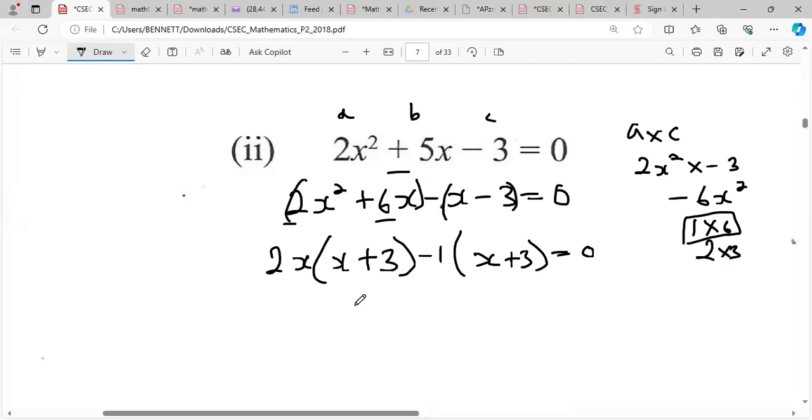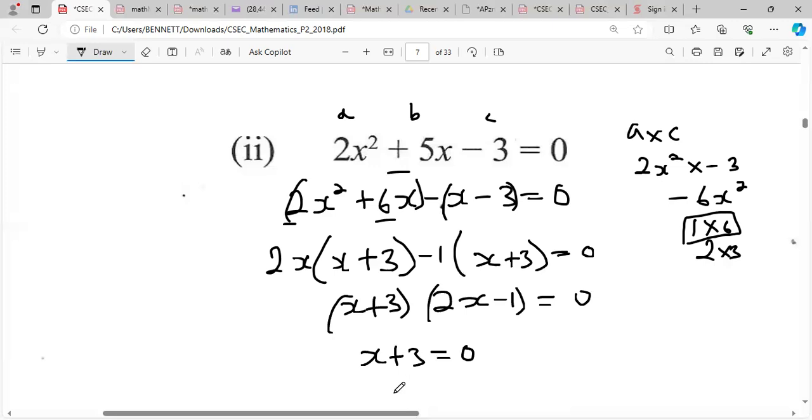Now we have x plus 3 and 2x minus 1. But remember, they are equal to what? 0. So we have to solve for each one of them. Alright, so if we have x plus 3 equals 0, that means x would be what? Negative 3, because we're going to subtract 3 from both sides.